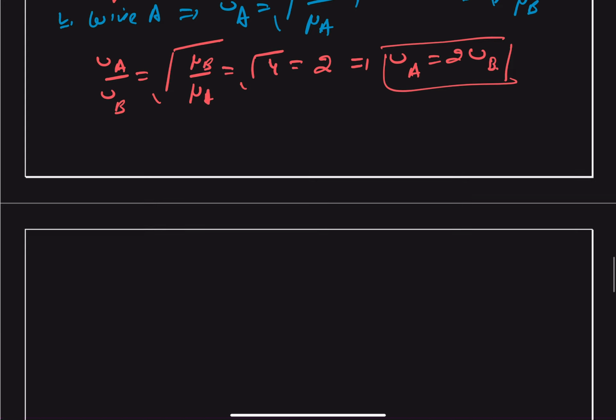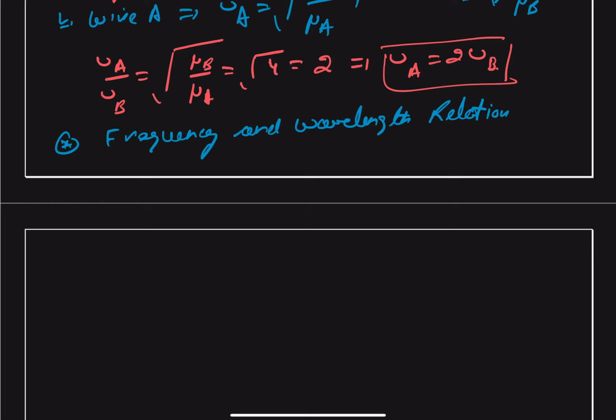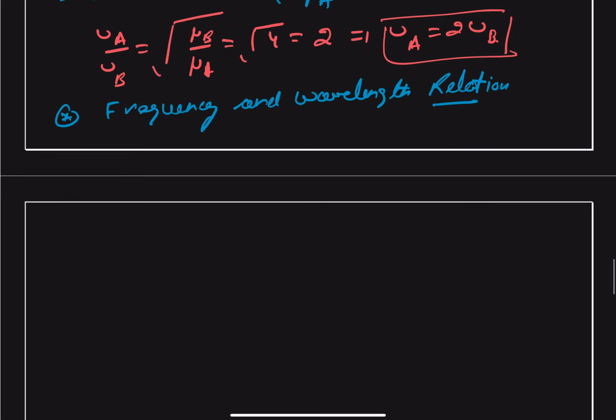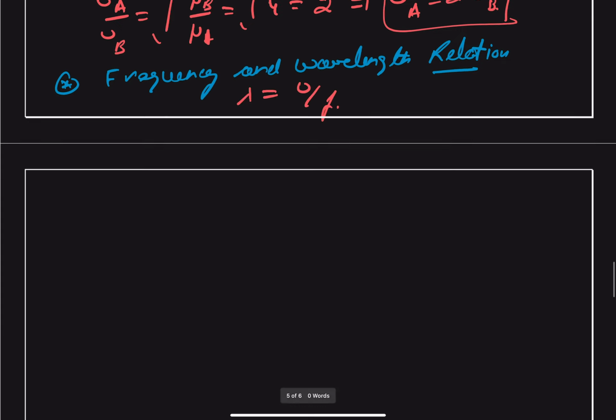Now it is almost complete. We come to the last part, that is the relationship between the frequency and the wavelength. That is, lambda is equal to wave speed divided by f, where f is the frequency.